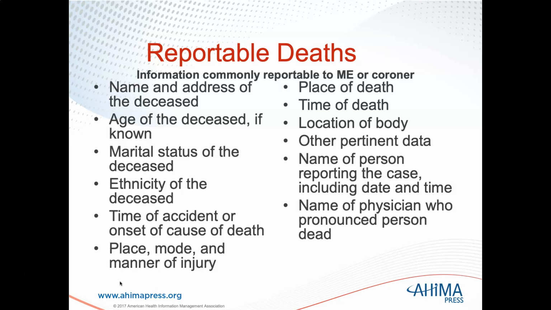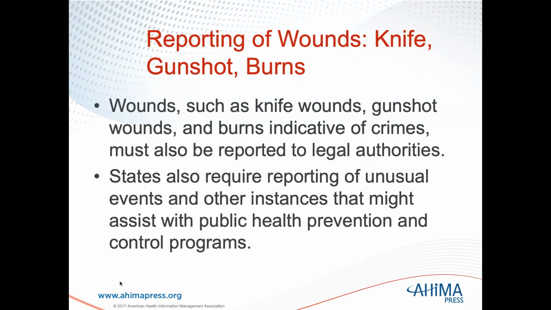If they had been visiting someone in a nursing home and there had been some kind of flu outbreak or COVID outbreak, that would be pertinent data too. The name of the person reporting the case, including date and time, and the name of the physician who pronounced the person dead. So that's all information. I mean, there's additional information as well, but this just gives you a good list to go off of.